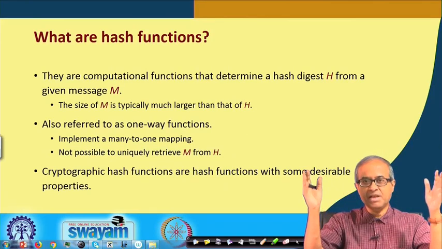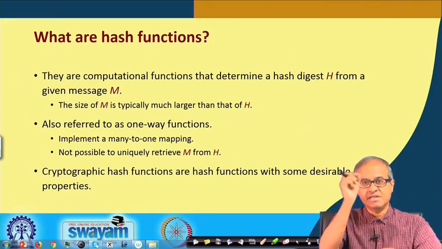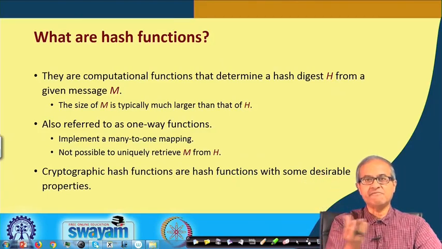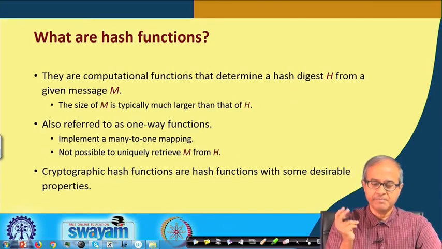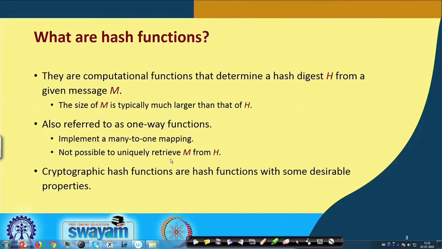Since we are mapping a larger set to a smaller set, it is always possible that multiple values of m can map into the same value of h. This is the so-called many-to-one mapping. Because of that, we cannot uniquely do the reverse mapping from h to m. For this reason, we call this a one-way hash function.